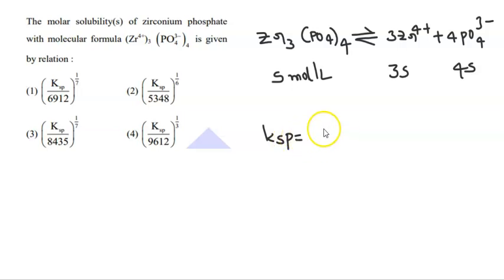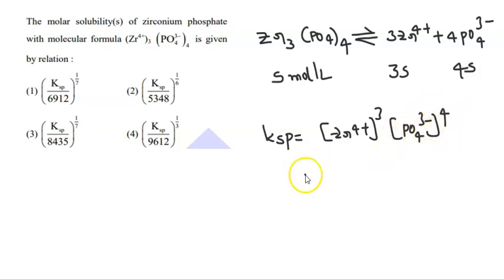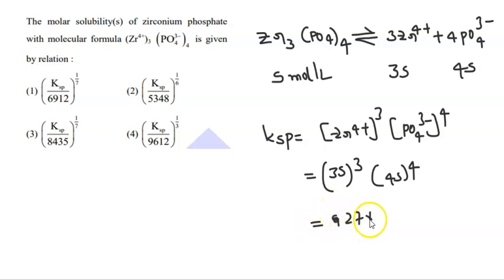Ksp is equal to concentration of Zr4+ whole cube into concentration of PO4 3- whole power 4. That will be equal to 3S whole cube into 4S whole power 4. 27 into 4 fours are 16, 16 16s are 256. 256 into S power 7.